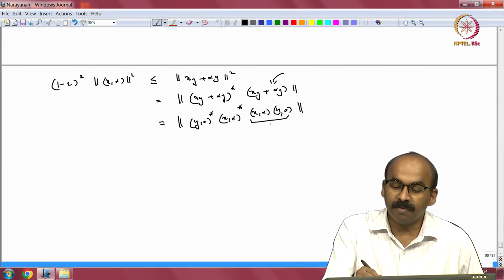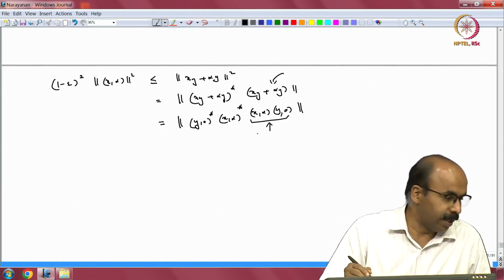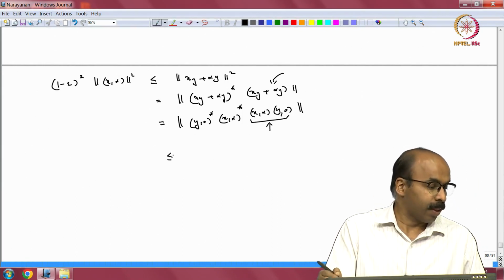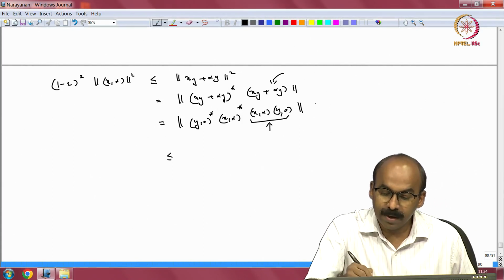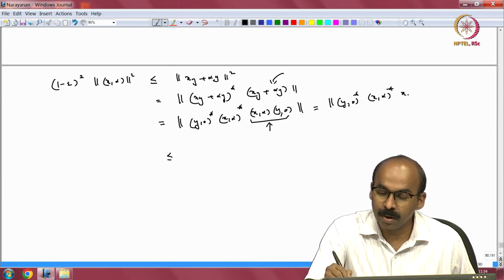If I take ((x, alpha)(y, 0)) star, I will get (y, 0) star into (x, alpha) star. This is less than or equal to, let me write this once more, and then (y, 0) star, it is the same element. I am not changing anything right now, but it becomes easy to write down.